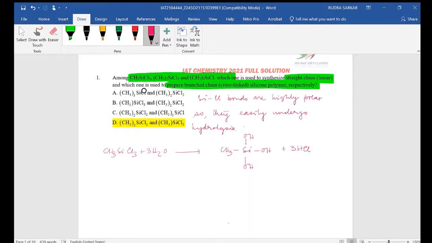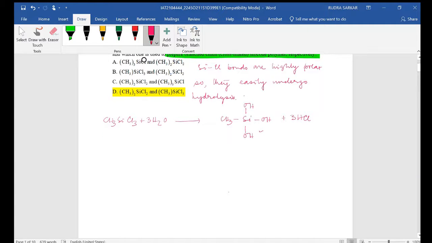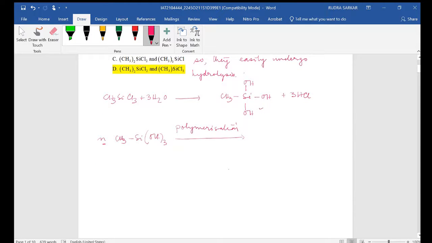Now, this particular molecule that you see over here can undergo polymerization. How will that happen? Let's take n such molecules of CH3Si(OH)3, and we are saying this is undergoing polymerization. What happens when it undergoes polymerization?